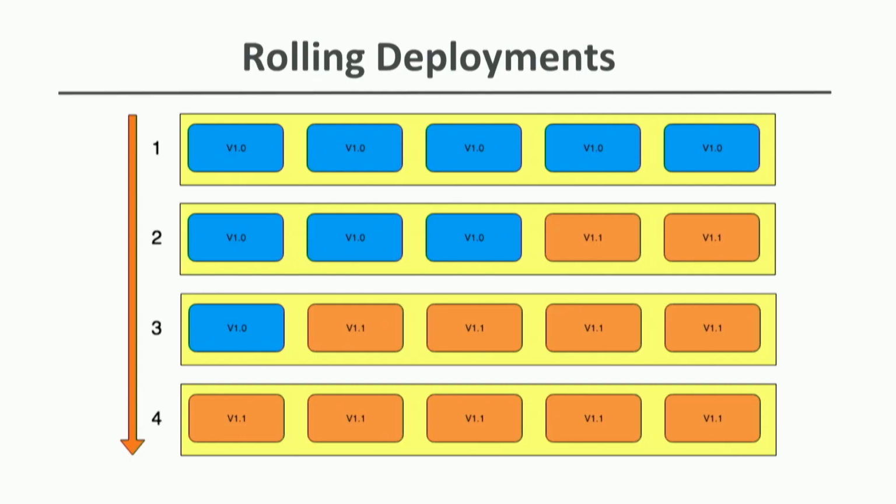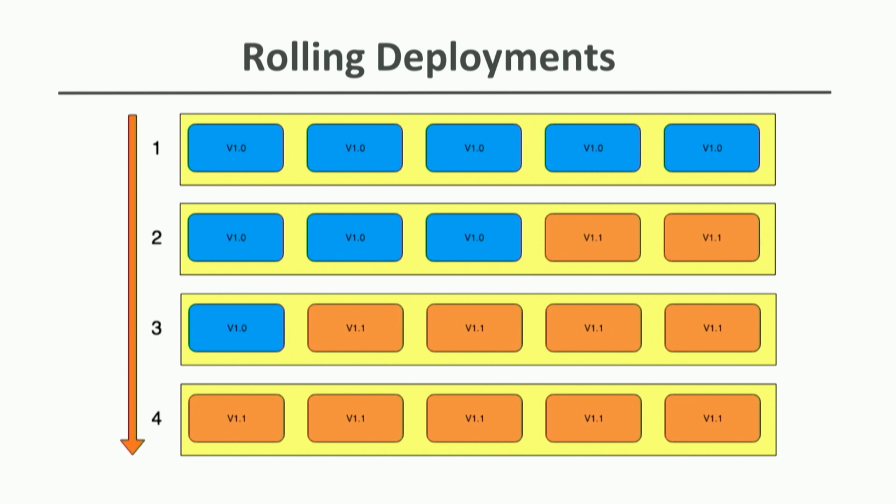Obviously, if you're in a cloud environment or even in a data center, you can use other approaches. We had limited resources, so we use rolling deployments. If you have a cloud environment, you have the ability to spin up other environments and start sending the traffic to those instances. With our rolling deployments, I'm sure everybody knows how this works.